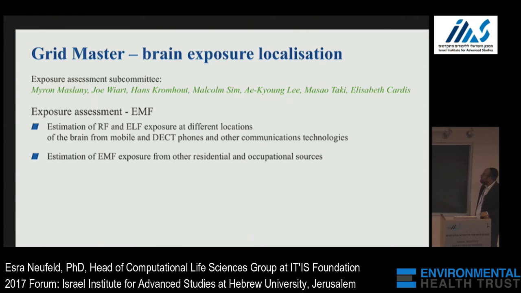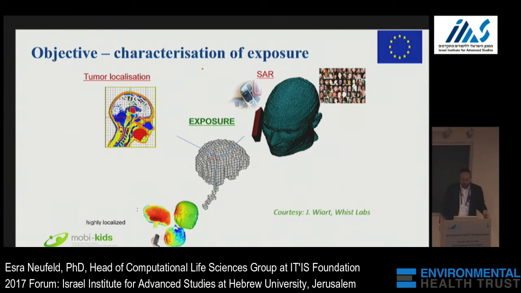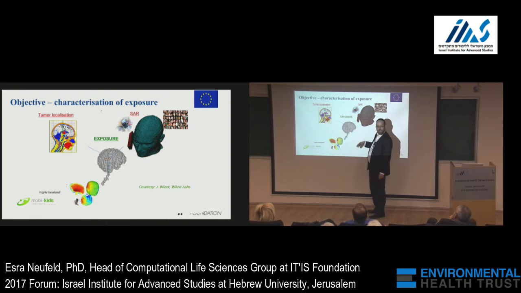Now, this is another research project, the Gridmaster, developed for MobiKids, which we'll see again in later points in the presentation. The idea here was to find a statistical tool where you can characterize where the exposure is and later on also relate that to observations from epidemiology. So Joe Villar is one of the main people involved in this project. And they looked at different sources and they created this type of grids where they looked at various ways of knowing what your exposure is, including, again, modeling.